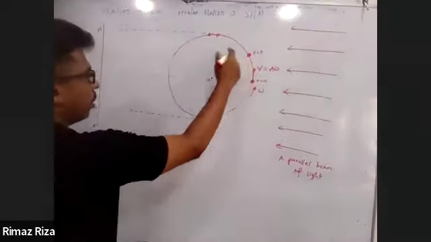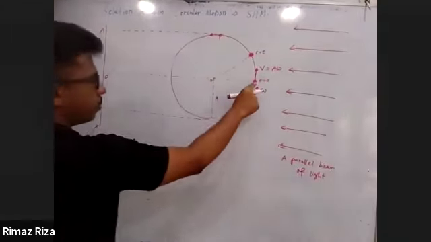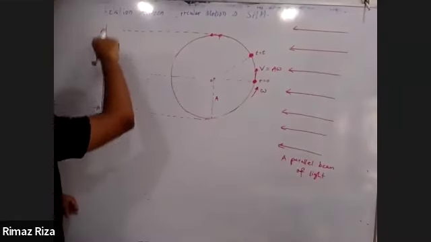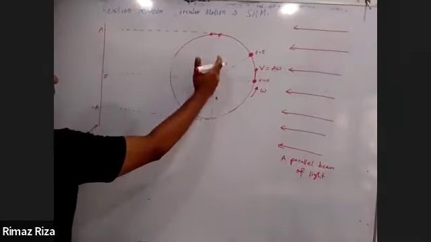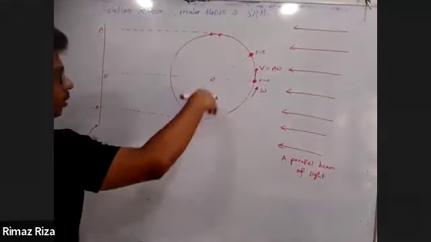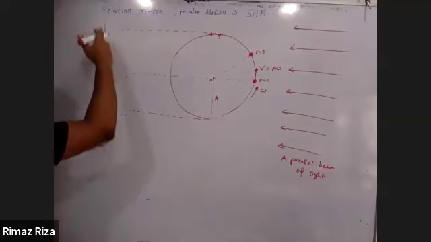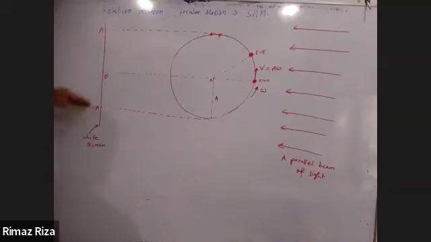So the shadow of this particle is going in simple harmonic motion. So we have an equivalent motion. This rotation motion, and its vertical projection, the shadow, is going in simple harmonic motion. Okay, are you all clear?